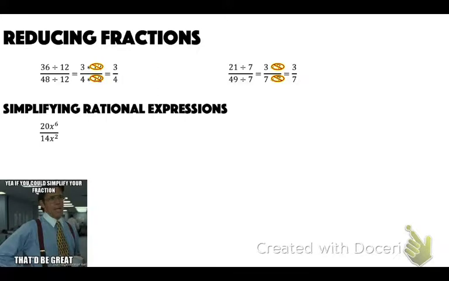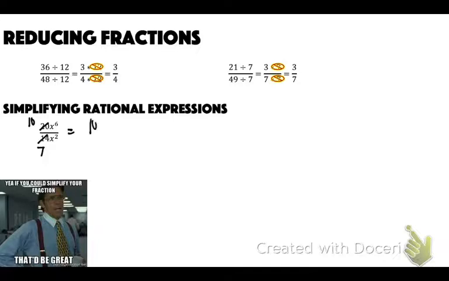Okay, so simplifying rational expressions. We've done this. This was like the very first thing we did, actually, dealing with exponent rules. So we want to first see what goes into 20 and 14. Well, 2 does. 2 goes into 20 10 times. 2 goes into 14 7 times.